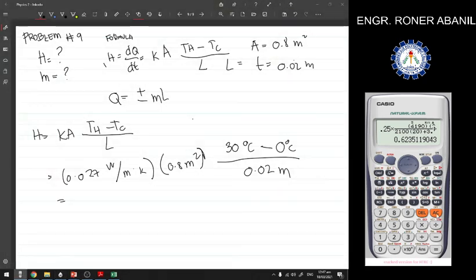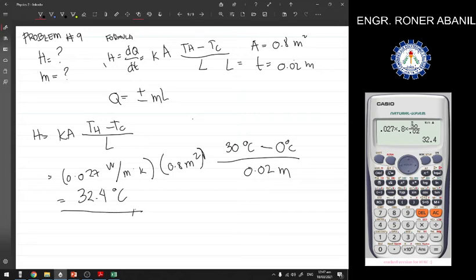So using our calculator, no? 0.027 times 0.8 times 30 divided by 0.02. Lalabas ngayon is 32.4. Ayan, degrees Celsius.